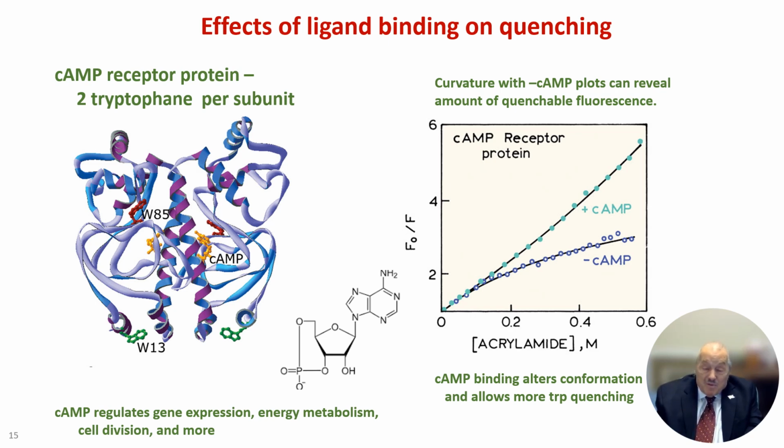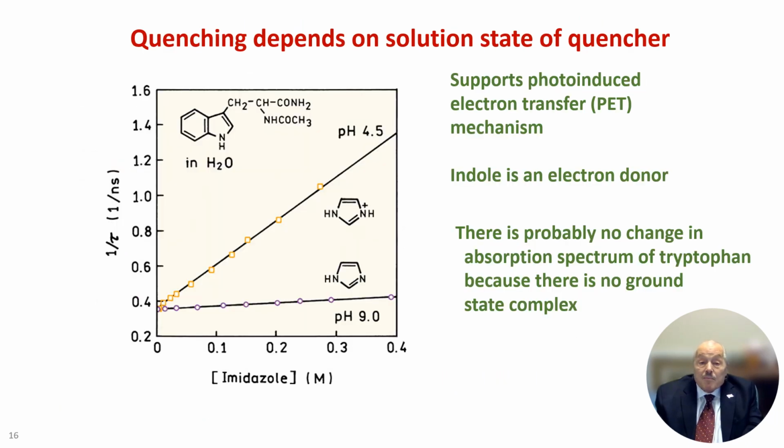And okay, we'll come to that. The type of quenching depends on what the state of the molecule is in solution. So we have here imidazole and imidazolium, which happens to be a quencher of tryptophan. Indole, which is this part of the tryptophan molecule, is known to be an electron donor.